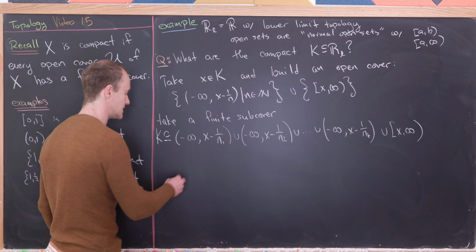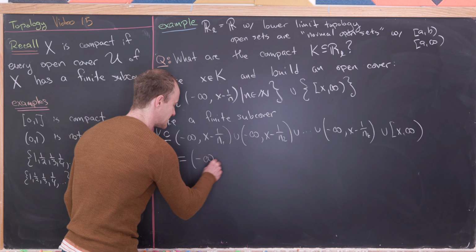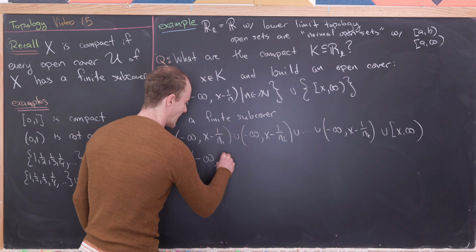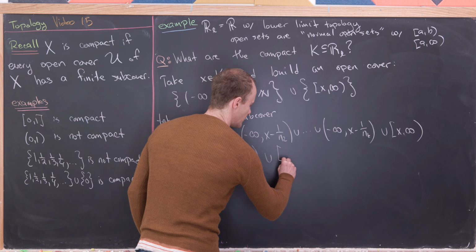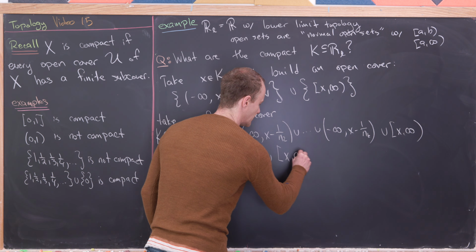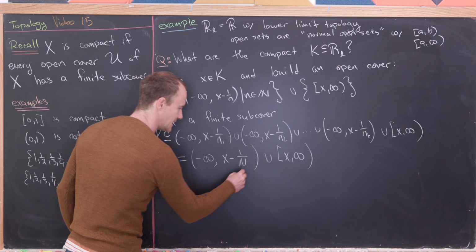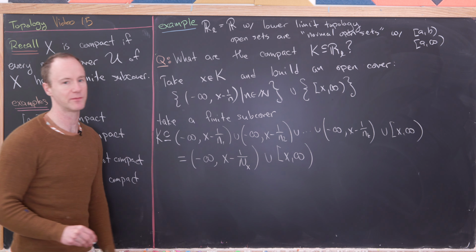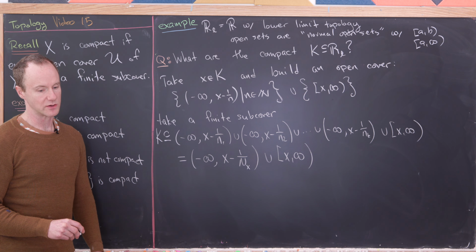But in the end, we can write this union as minus infinity up to x minus 1 over n, and then we've got that unioned with x to infinity. And then, well, since this capital N here depends on x, I'm going to put an n sub x right there. Okay, good.